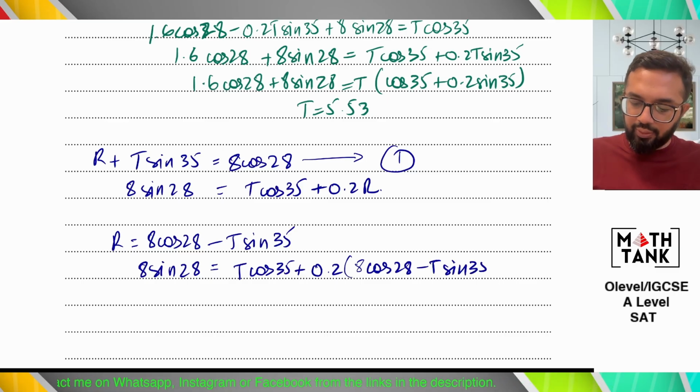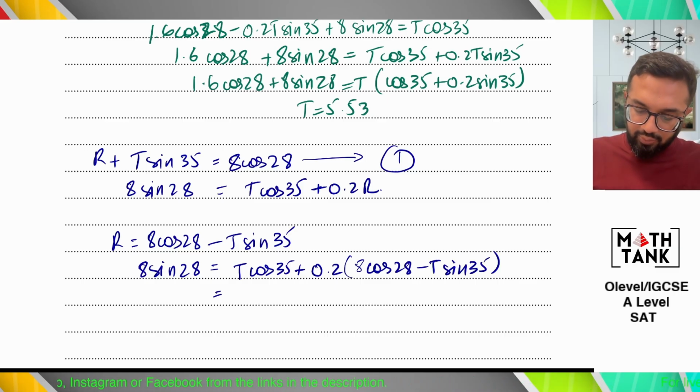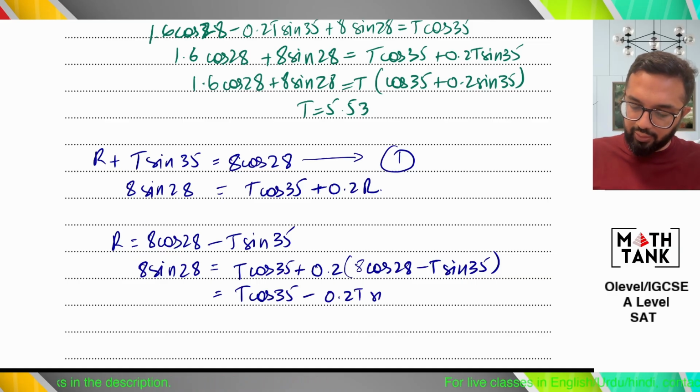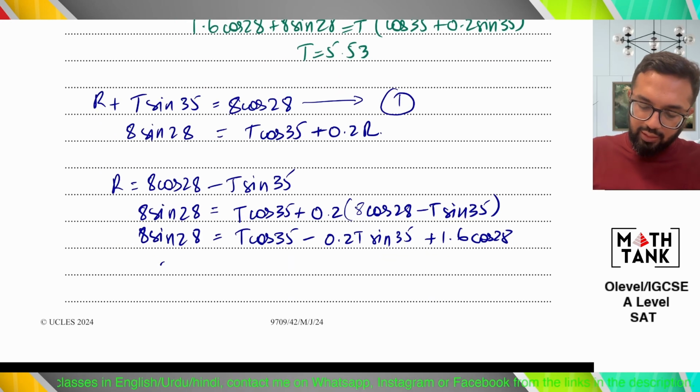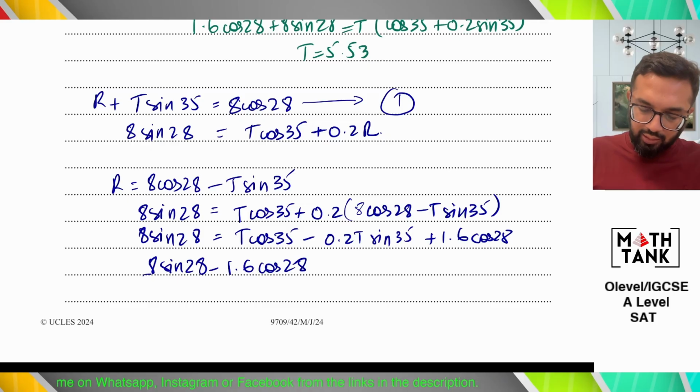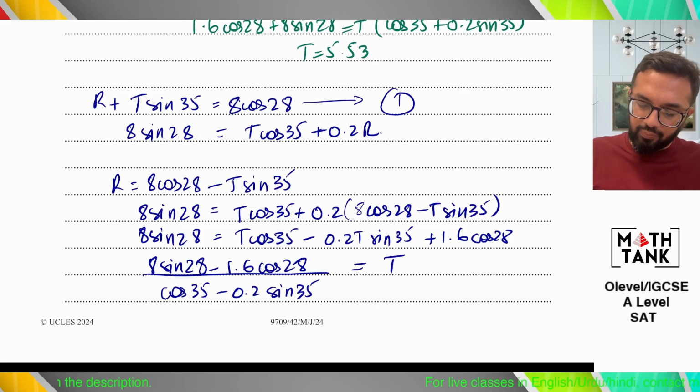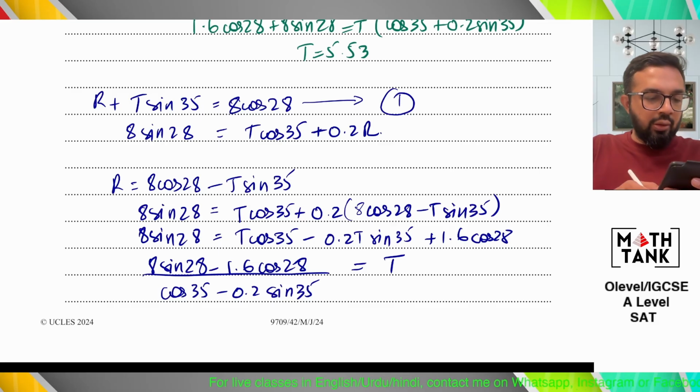I've made the substitution now. t cos 35 minus 0.2 t sine 35 plus 1.6 cos 28. So I have 8 sine 28 minus 1.6 cos 28. And then when I take t common, I have cos 35 minus 0.2 sine 35. Okay.